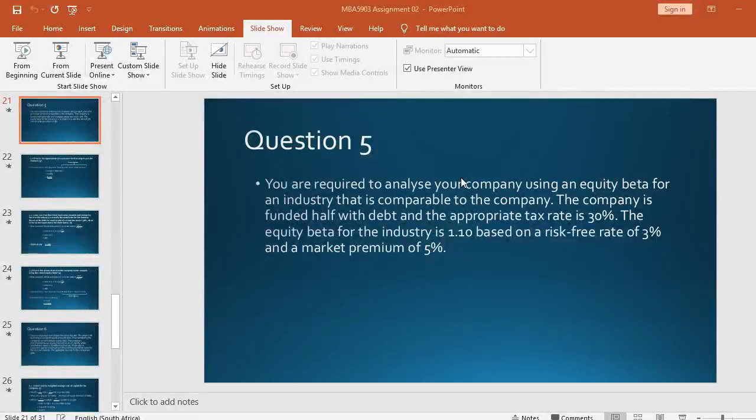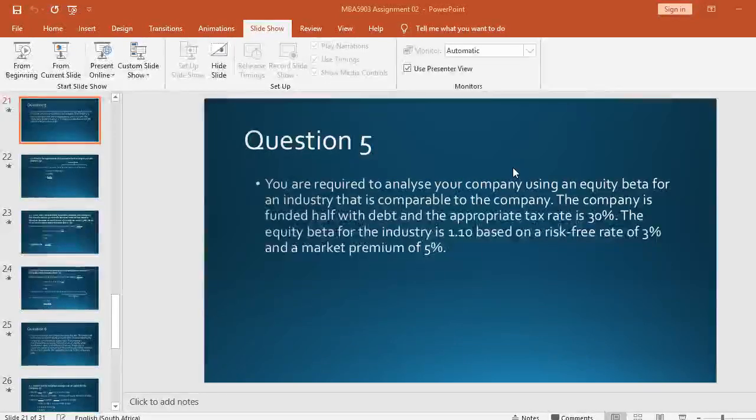And remember that what you always need to get out of each and every question is the equity beta, 1.10. Because it's already indicated. If you check, it's saying the equity beta for the industry is 1.10. So this beta is already sorted for us. This is what we want. All right. So we already have our beta.